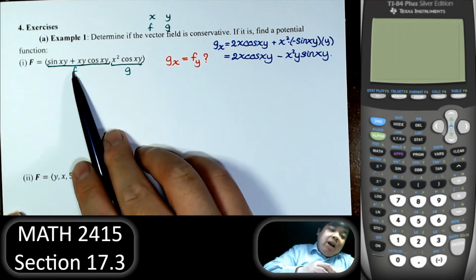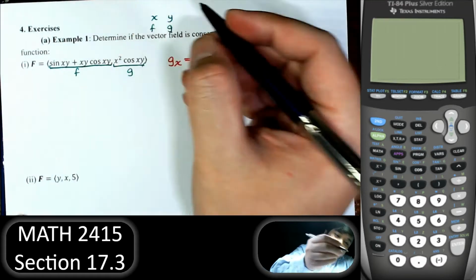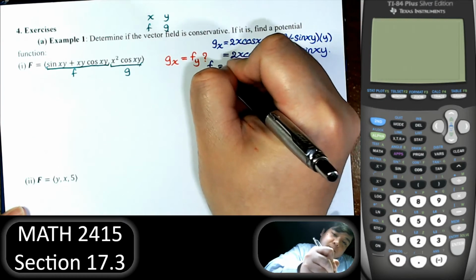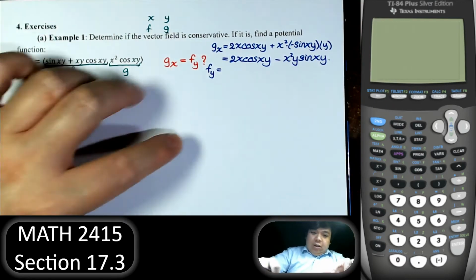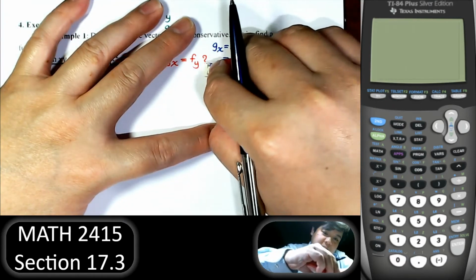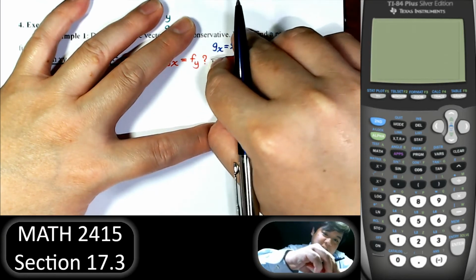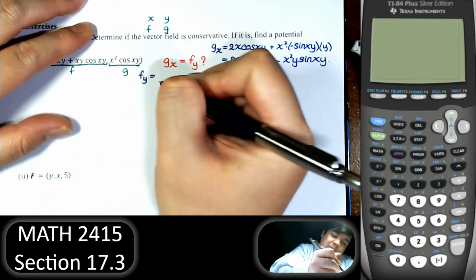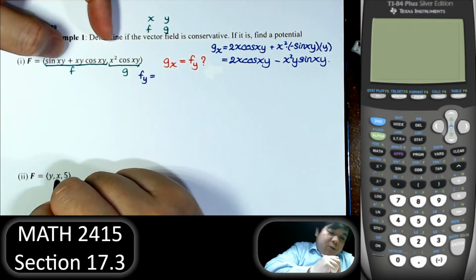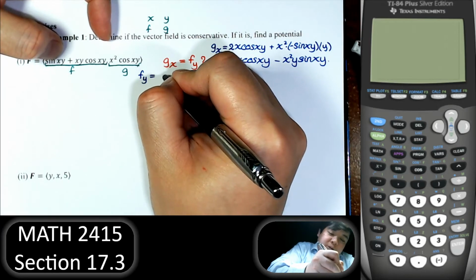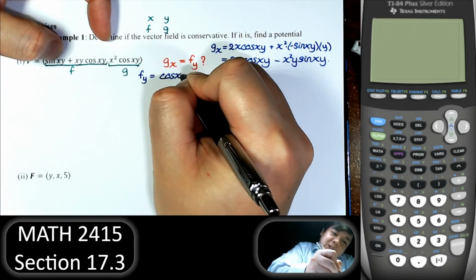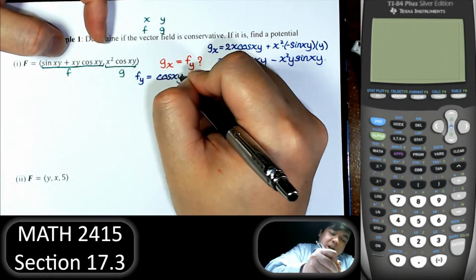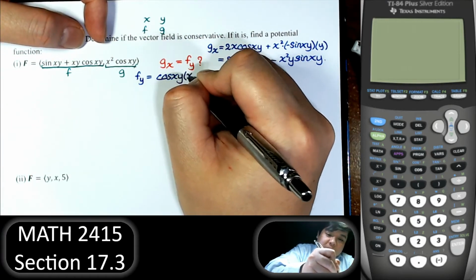Now we take the derivative of f with respect to y. The derivative of f with respect to y, the first term is cosine of xy, and by the chain rule the derivative of xy with respect to y gives a multiplication by x.